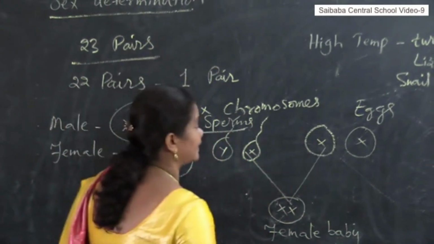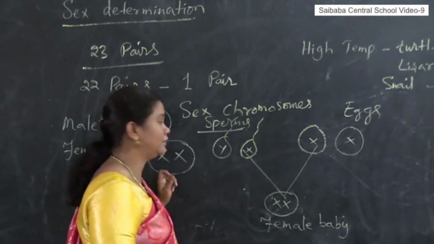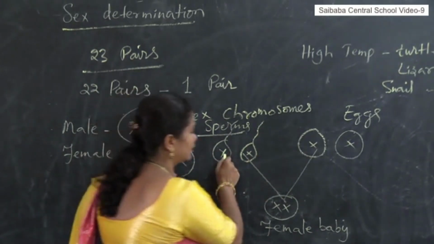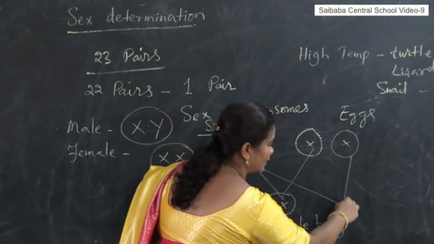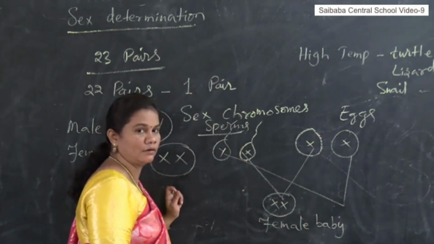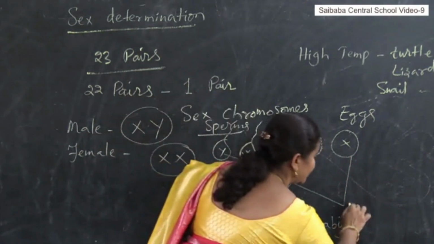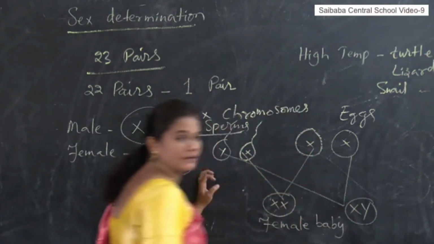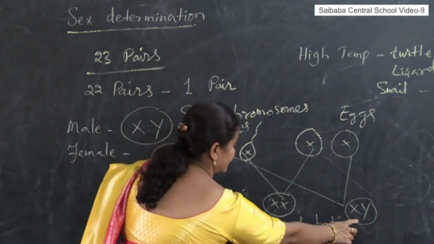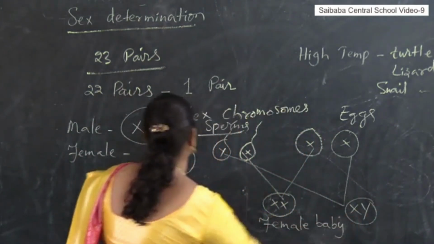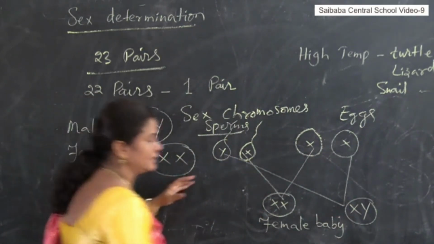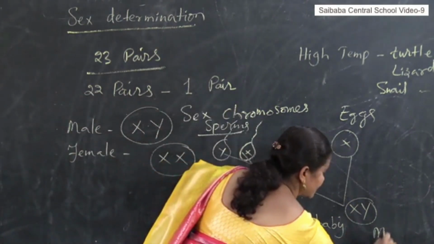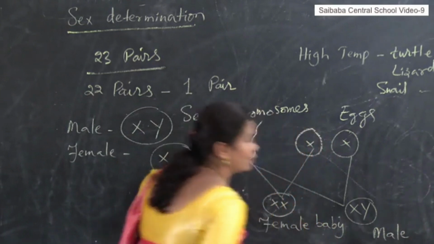Or at the time of sexual reproduction during fertilization, if a sperm contributes Y chromosome to the X chromosome of female or egg, the zygote would be in the form of XY. A chromosome pair with XY is termed as what? Male. That means this zygote in the future will develop as a male baby or boy baby.